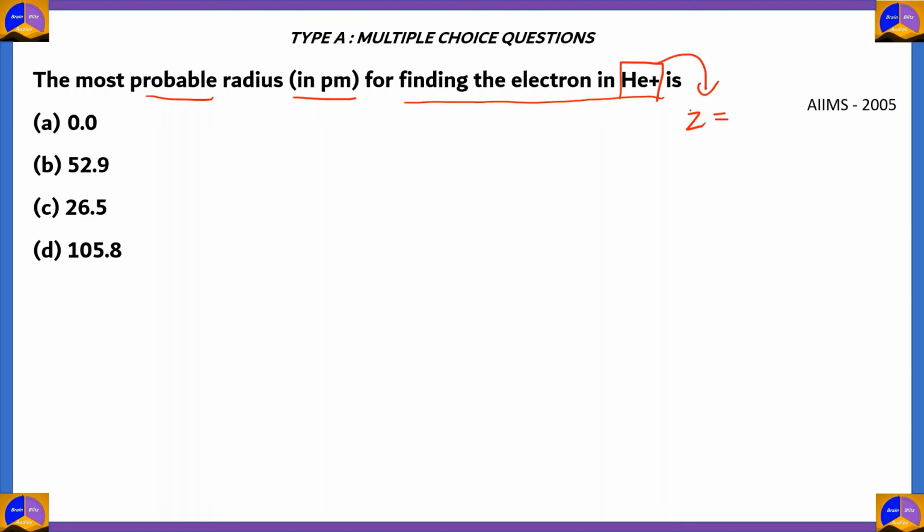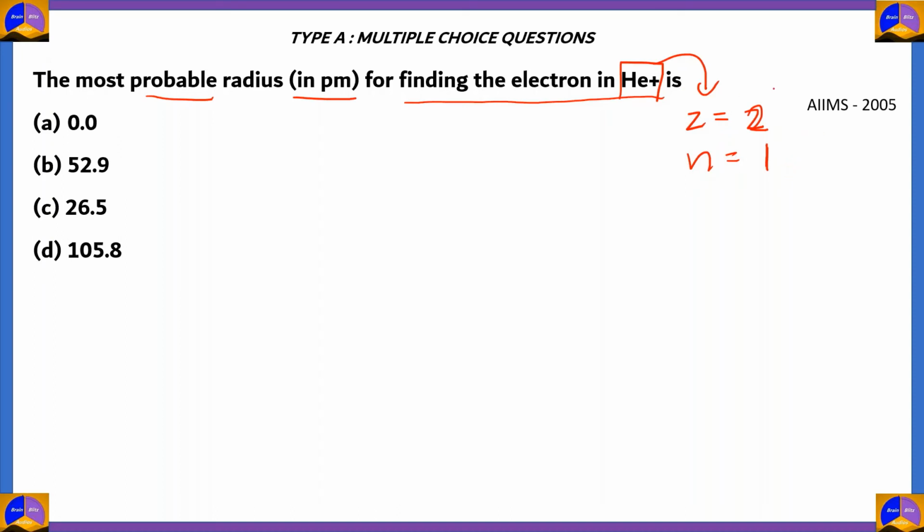It has atomic number 2, and the number of electrons is 1. So it will be in the first shell only.